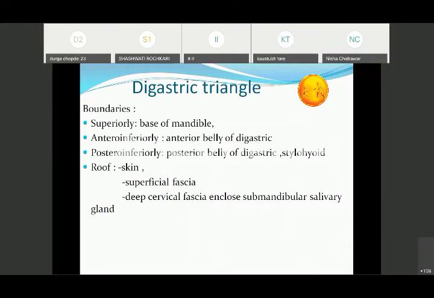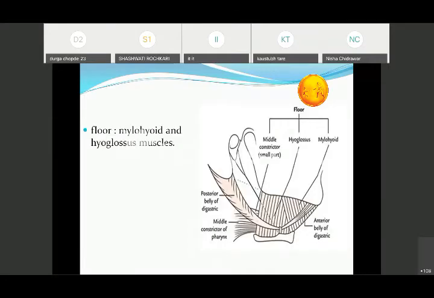So we have seen the roof, then the floor of this triangle, which is formed by two muscles, that is mylohyoid anteriorly and the hyoglossus muscle posteriorly. In this figure, you can appreciate this is the mandible, base of the mandible. This is anterior belly of digastric.